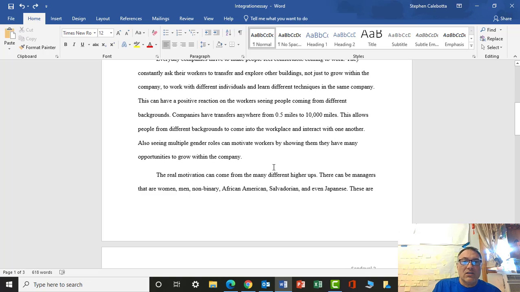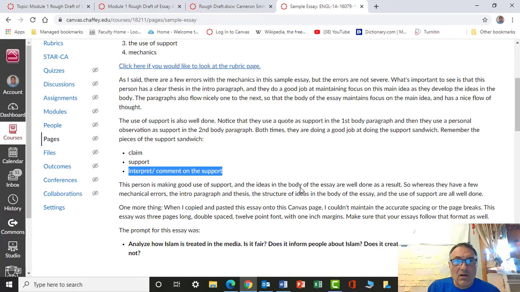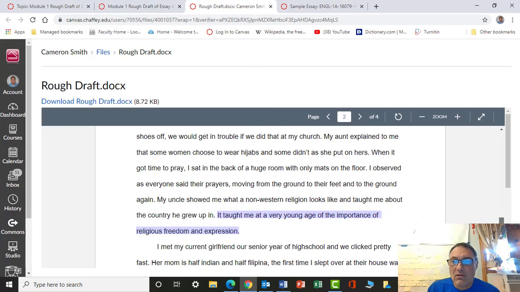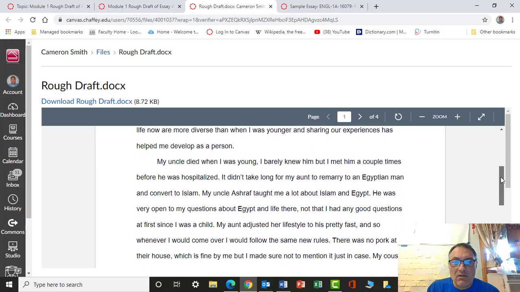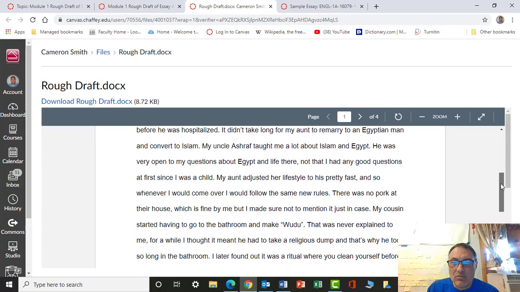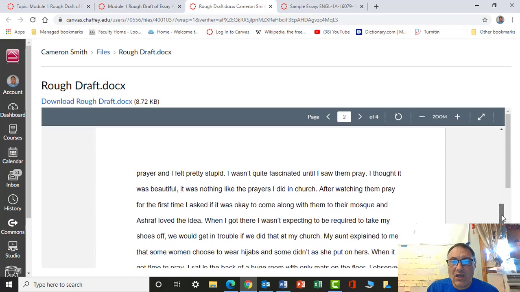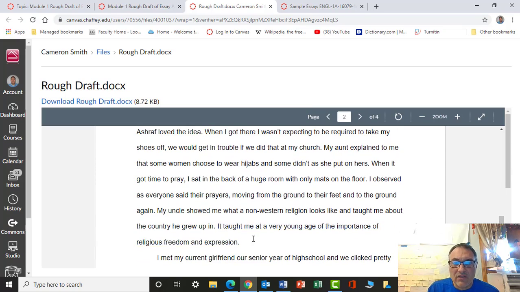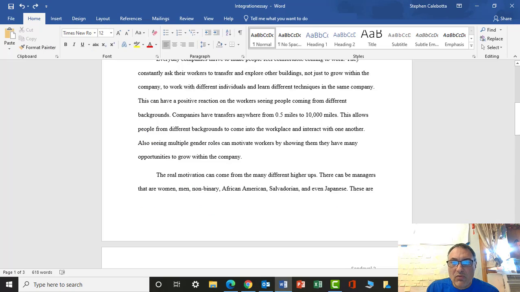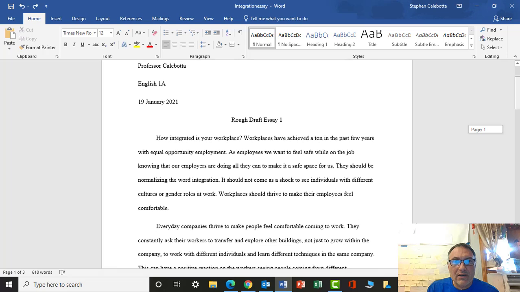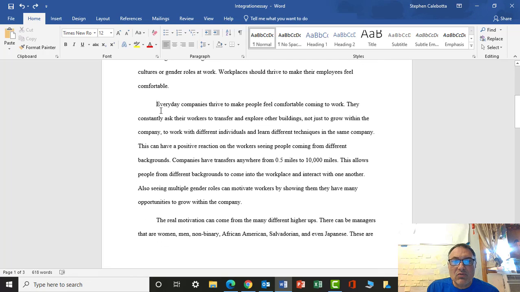I chose these two essays because they illustrate some things that I've been seeing. With Cameron's essay, we get a lot of specific detail, pretty good specific detail, and then we get a little bit of bread, but it's kind of thin at the very end. If we look at Brianna's essay, what I was reading was: every day companies do this, people tend to do that, this tends to have a positive reaction.